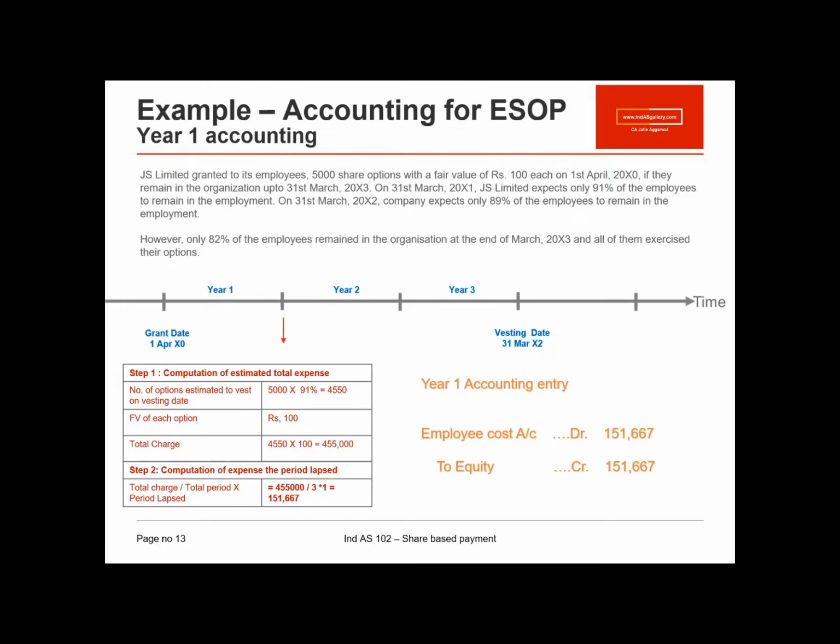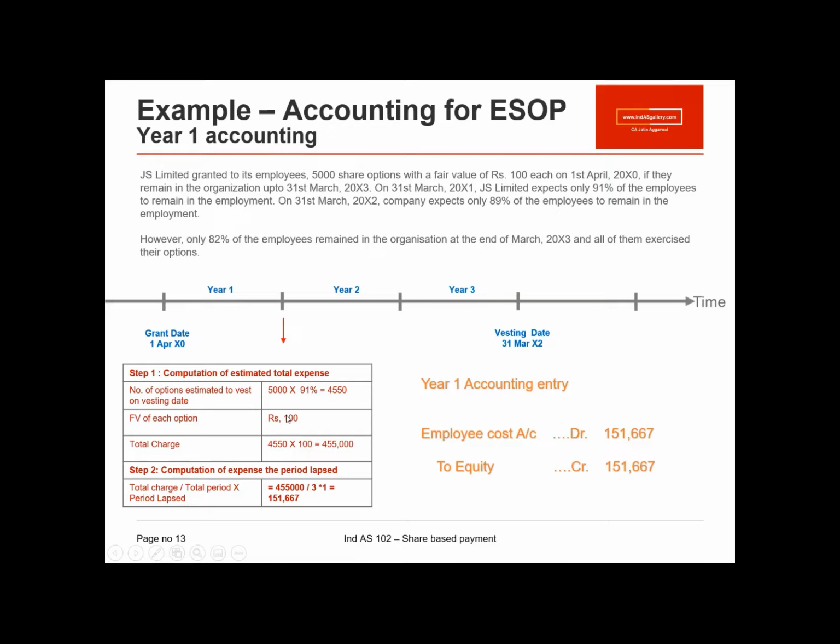So this is an equity settled option. And we discussed in our measurement principles for equity settled options that the fair value of an option will be as on the grant date. So in this question, the fair value of the option as on 1st April 01 was 100.